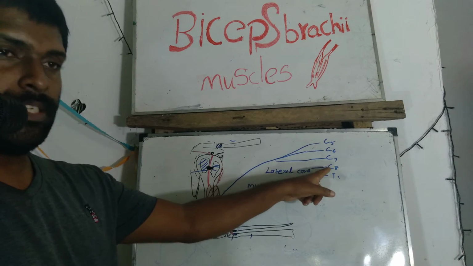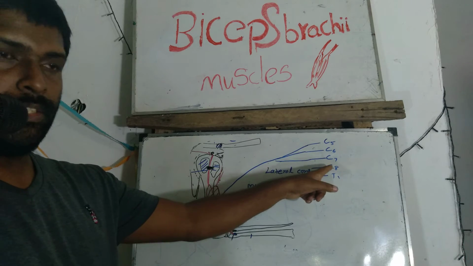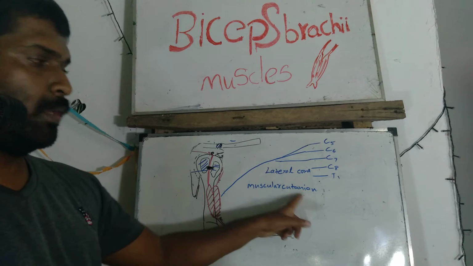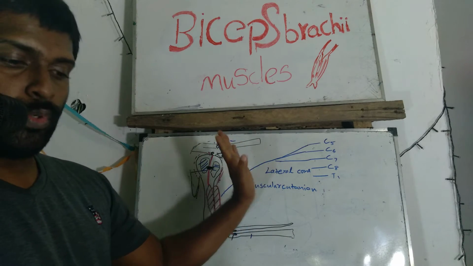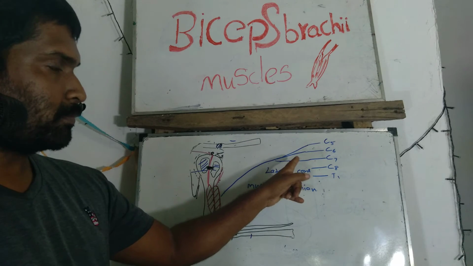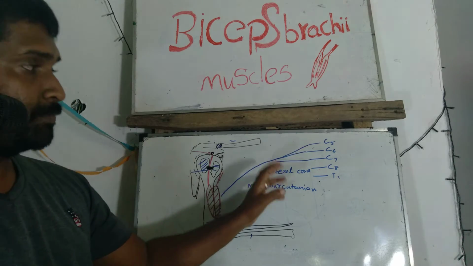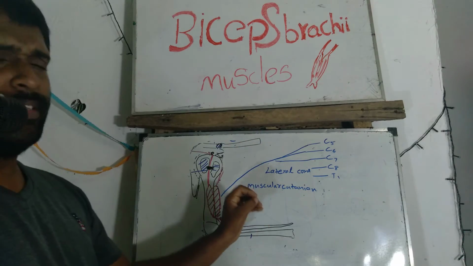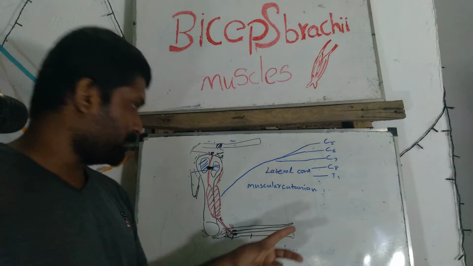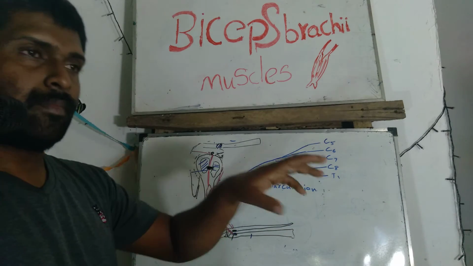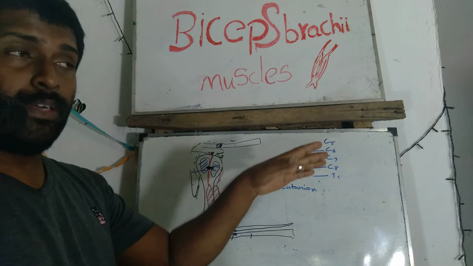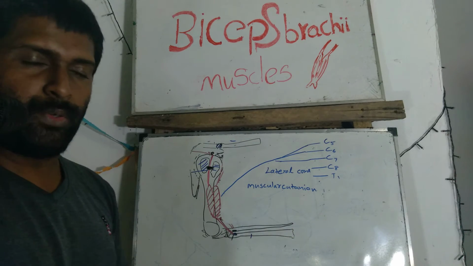C5, C6, C7 are the origin of the musculocutaneous nerve. It comes out of the root, then trunk, then division, then cord. At the end of the cord, the terminal branch gives out the nerve. It is the musculocutaneous nerve.